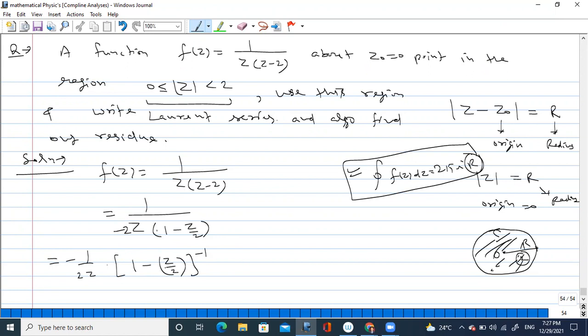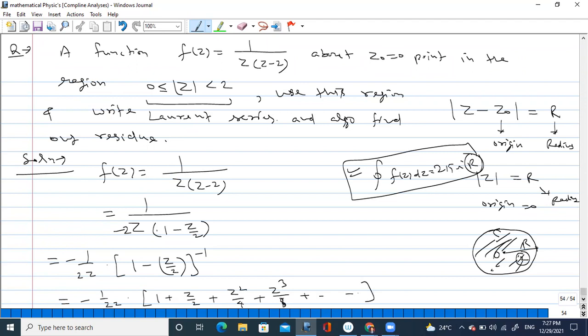And this series we know. This is the binomial series. I have given you the formula also. So 1 minus 2z into, you open up this series. This series is nothing but 1 plus x plus x square plus x cube plus x4. Simple. So 1 plus x, but x is z by 2, plus x square, z square by 4, plus x cube, z cube by 8, plus dot dot dot.